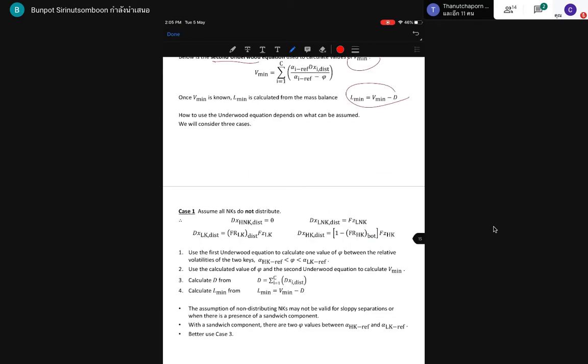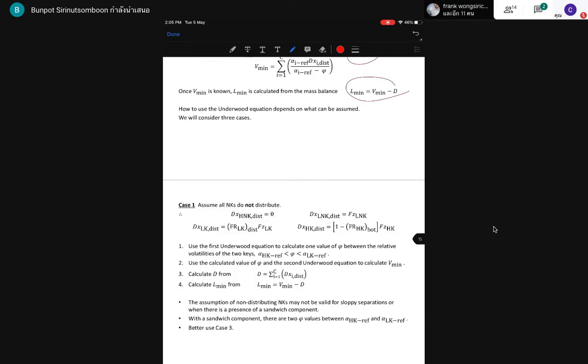There are three cases of using the Underwood equations. The first one, probably the simplest case, is when we assume complete separation of the light non-keys and heavy non-keys.